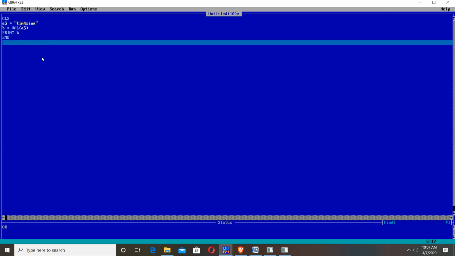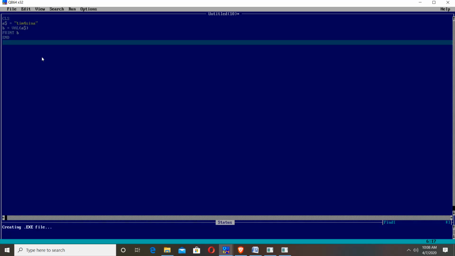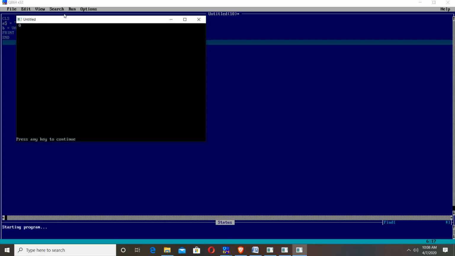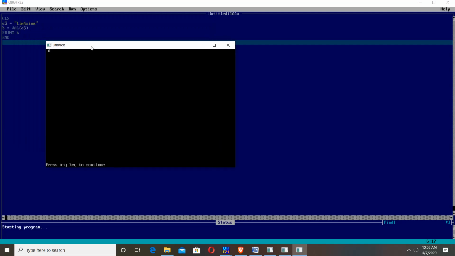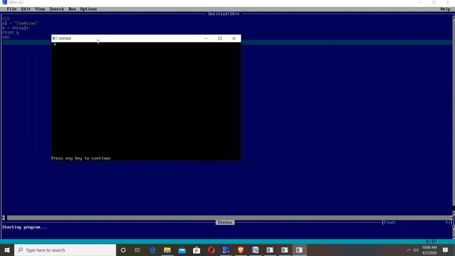That means the string starts from a character, and at this time as no number or digit is there at the front, its output will be 0. Okay, just see here, the output is 0. So the Val function is used to take the preceding number or the leading number from the given string.